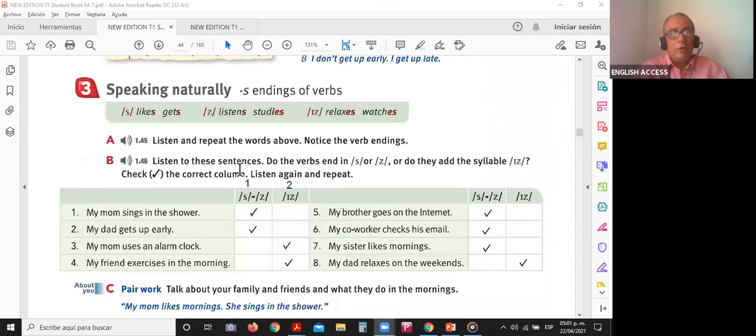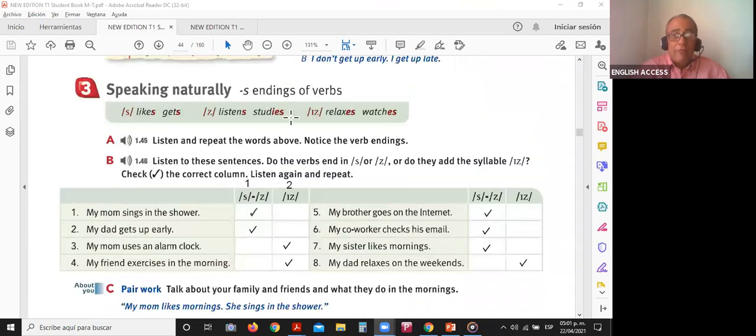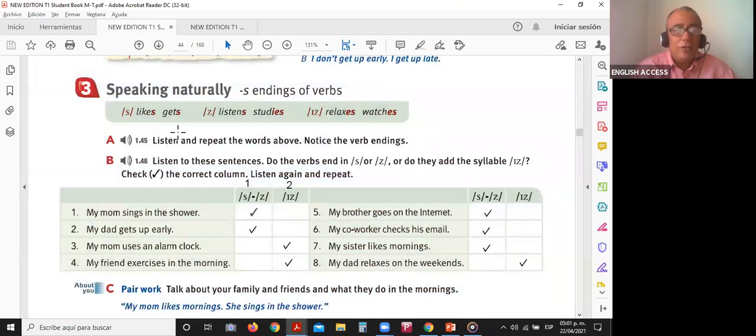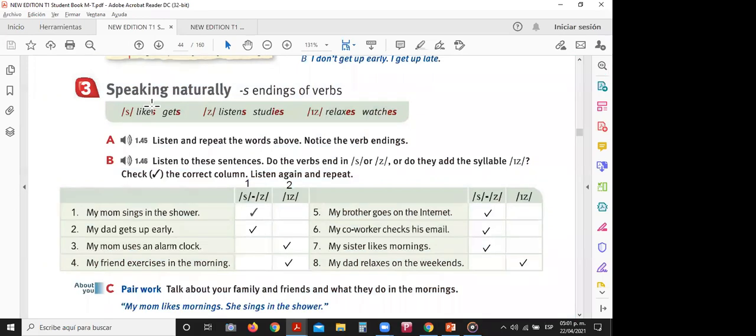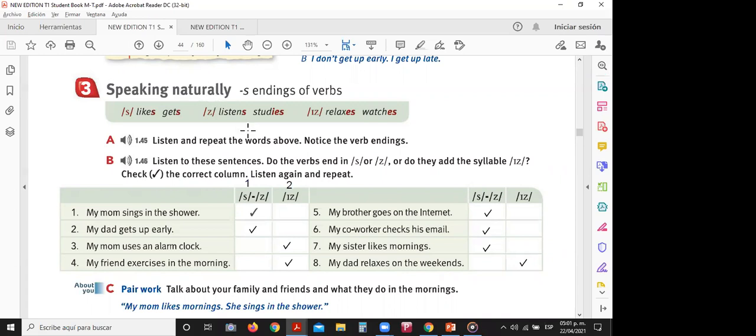Now let's go. Well, we saw the pronunciation about the three sounds we have in English for the ending of the verbs. Repeat after me. Likes, gets. This one is Z. Listens, studies.